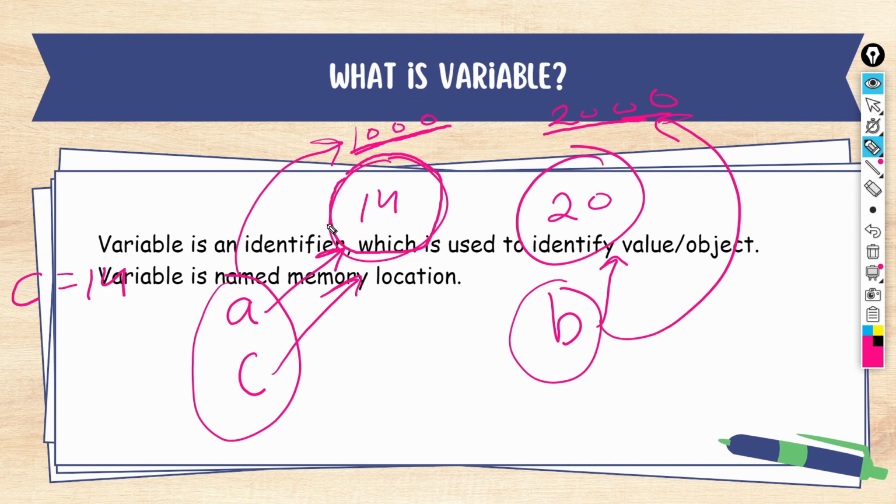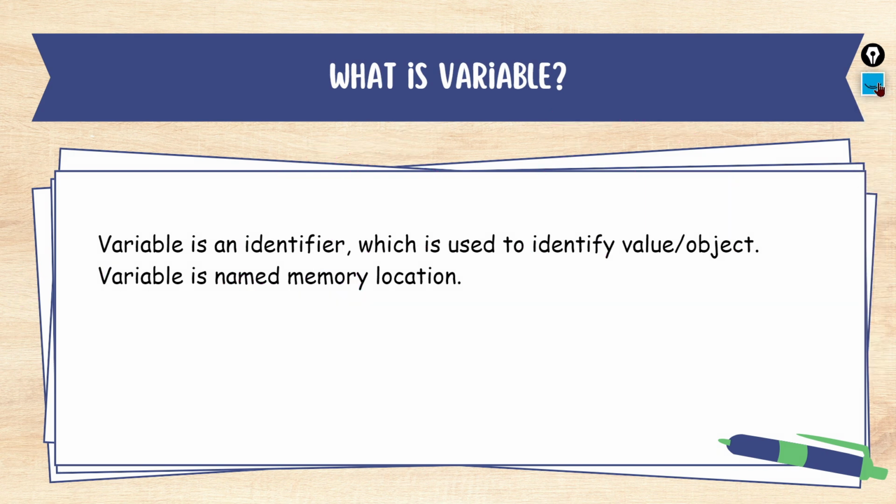The name of this block is a. The name of this memory block is c, we can say. And the name of this memory block is b. So we can say variables are used to identify objects, or variable is a named memory location. Variables are names of memory locations.